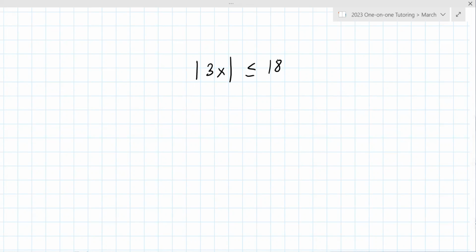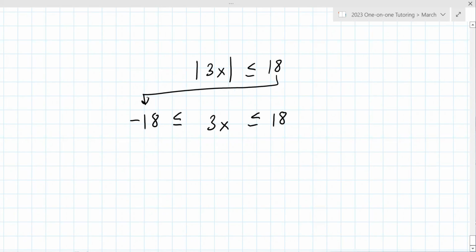You have to get rid of the absolute value first, so you split it up here. It comes down exactly the same, and then you move this over. How do you undo the multiplication by 3? Division by 3. Divide everything by 3. Yeah. -6 less than or equal to x less than or equal to 6.